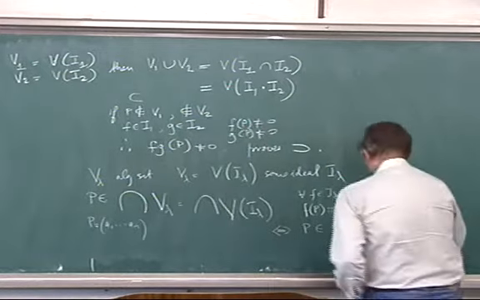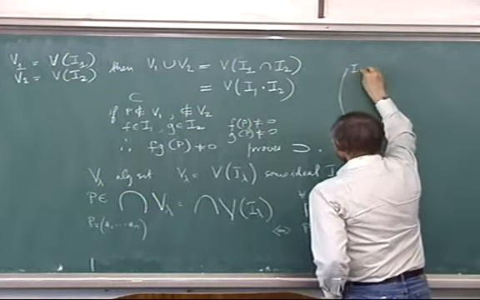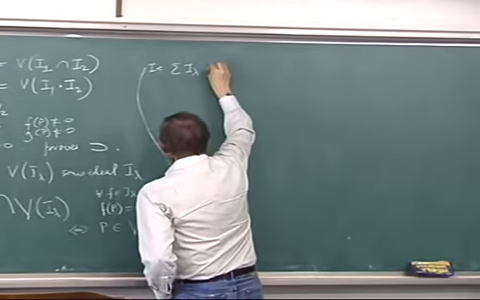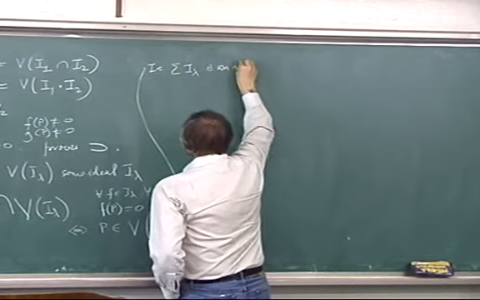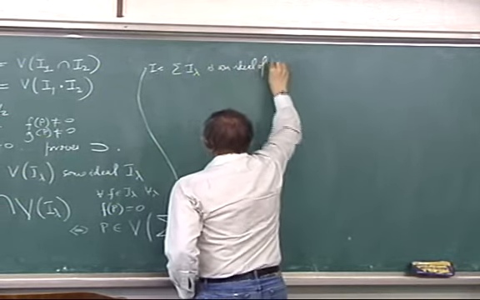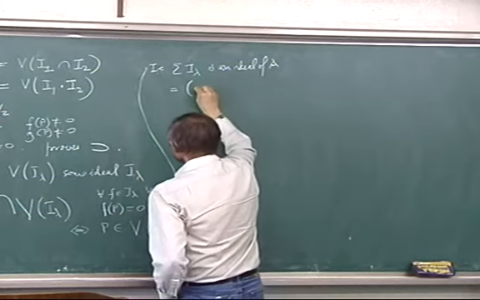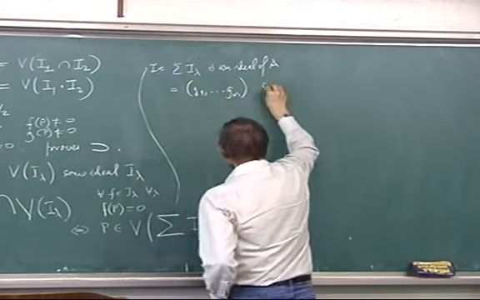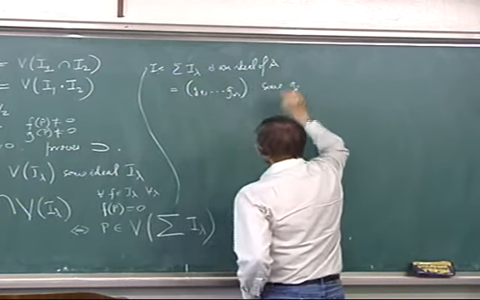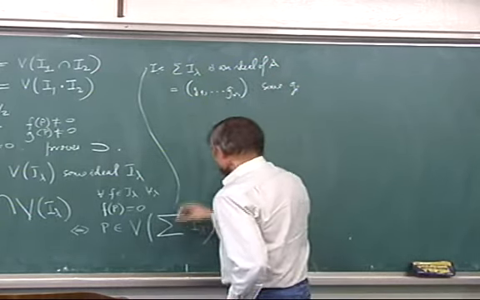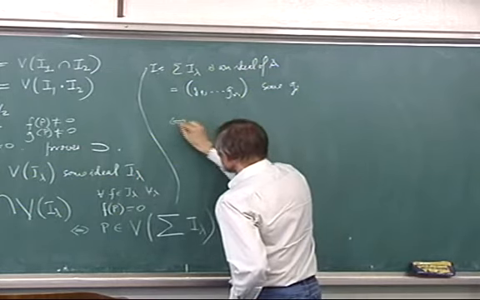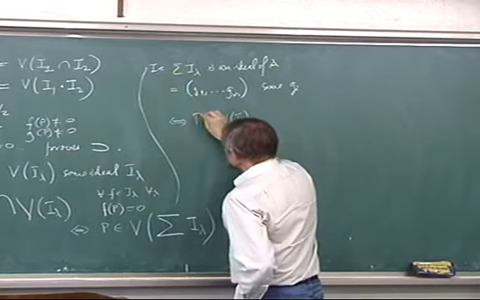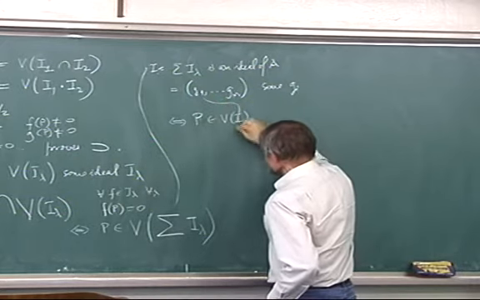However, it so happens that the sum of I lambda is an ideal of A, and therefore it's of the form G1 up to Gm, the sum of the Gi. And so actually this is if and only if P is in V of I. And this is just one of these algebraic sets.